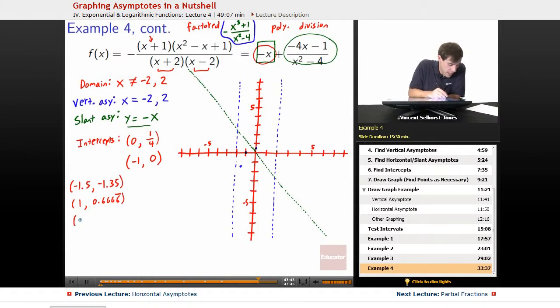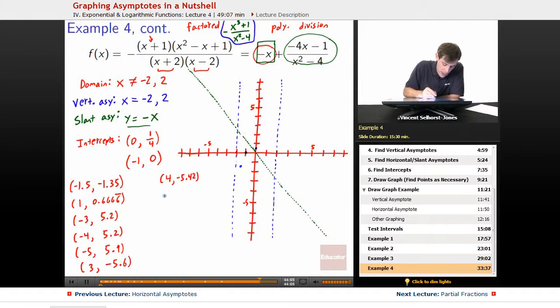What about negative 3? We're at 5.2. At negative 4, we're also at 5.2. That's interesting. At negative 5, we're at 5.9. At positive 3, we're at negative 5.6. At positive 4, we are at negative 5.42. At positive 5, we are at negative 6. Okay, that should be about enough for us to figure things out.